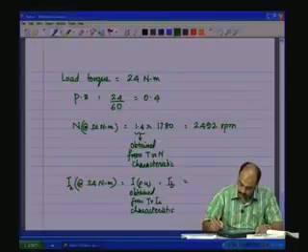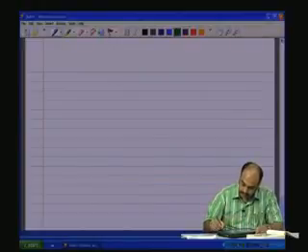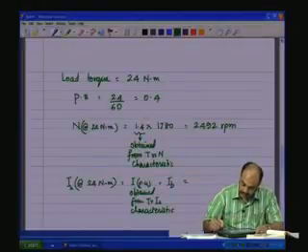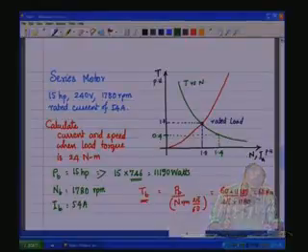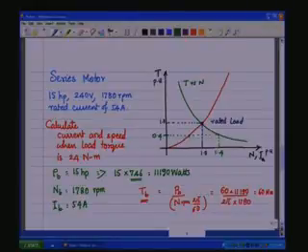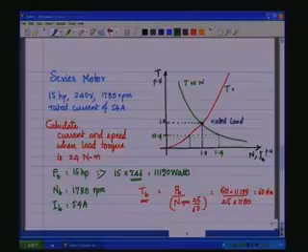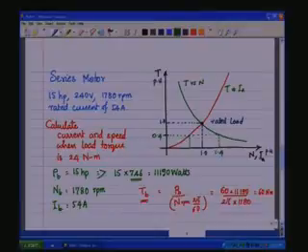Going back to the characteristic here, you will see that it cuts the torque versus IA curve around 0.6 per unit.